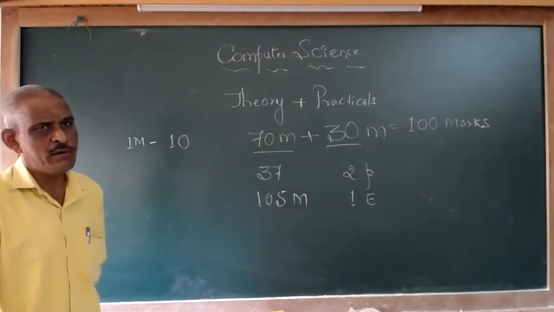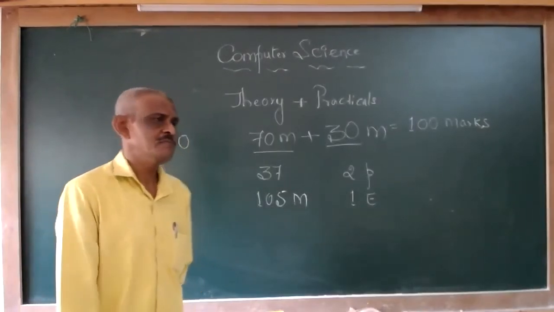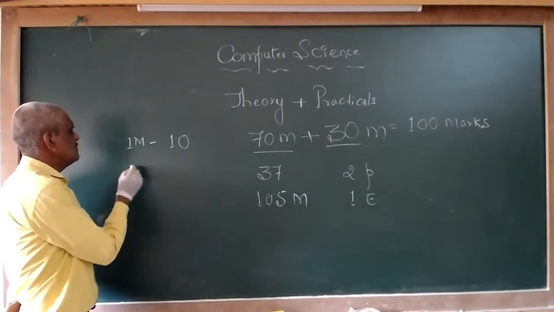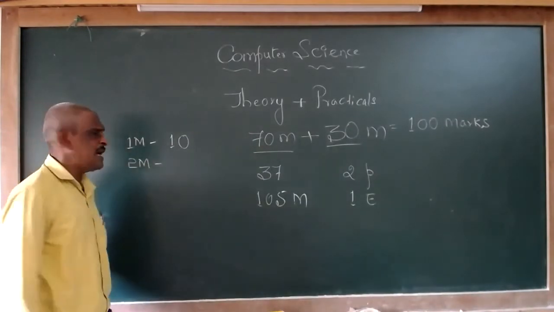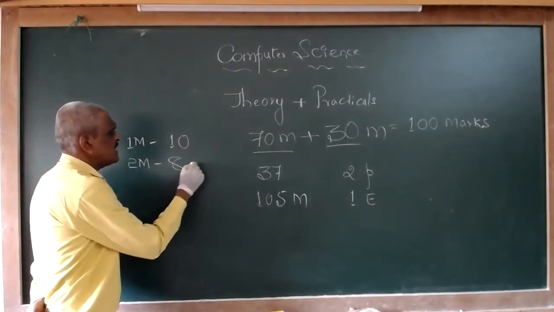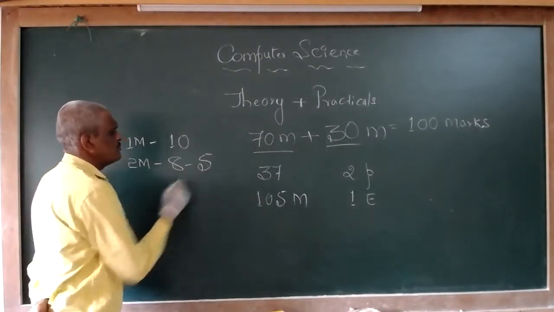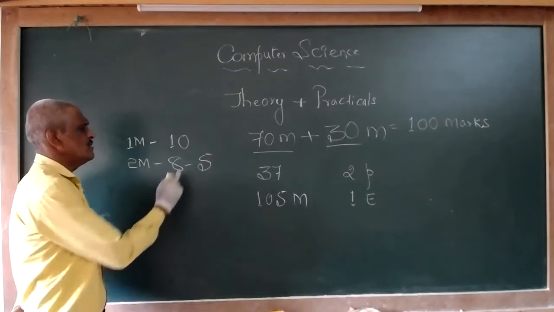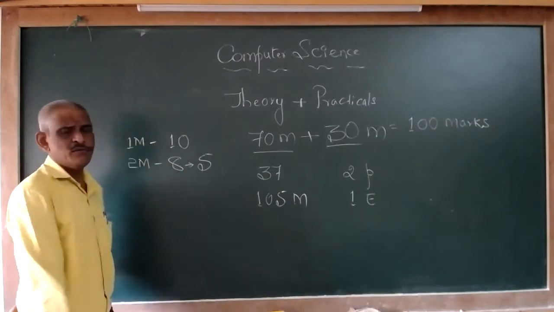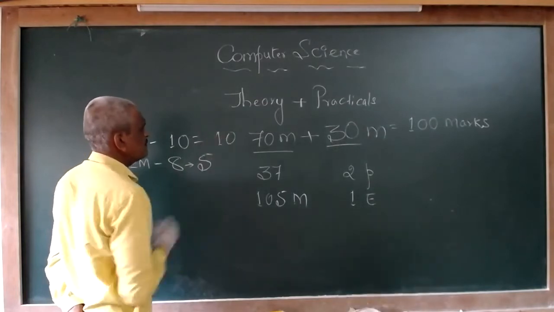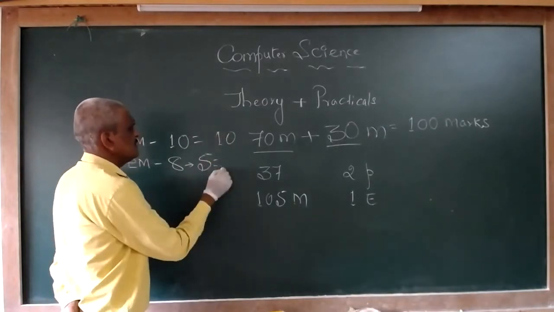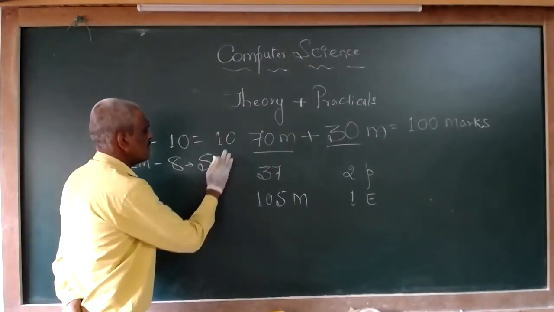No choice in the 1 mark questions. Then you will get 2 mark questions, a total of 8 questions, from which you have to solve only 5. It means this is 10 marks. Sorry, not 20 marks, 10 marks.